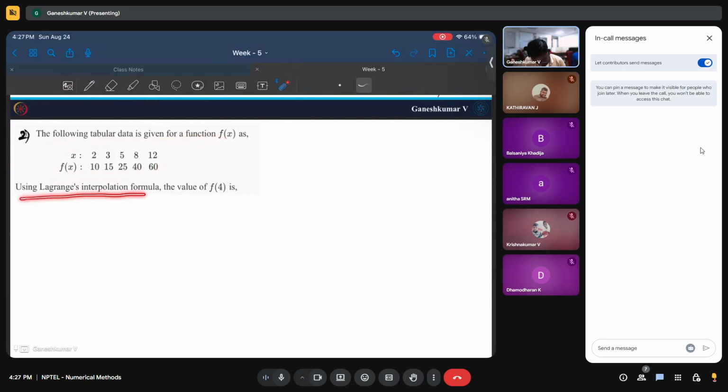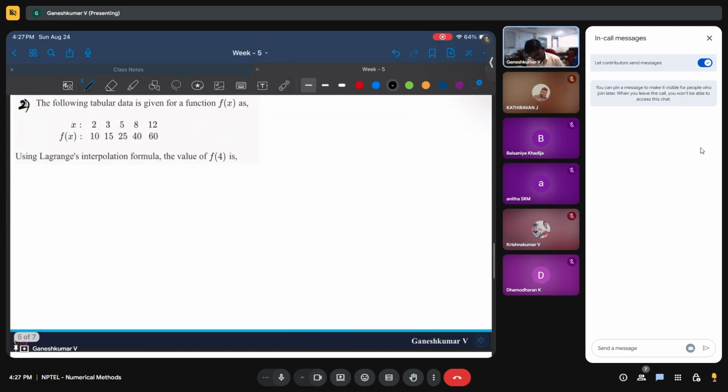Using that, find the Lagrange interpolation formula, and using it, find f of 4. So basically we were asked to interpolate to find the value of f of x at 4, but we should use the Lagrange interpolation formula. Let's write down the Lagrange formula.